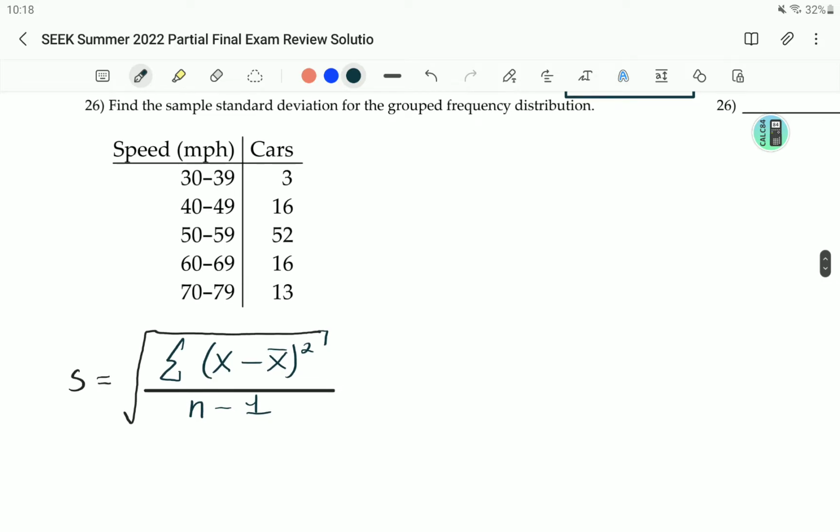The only difference between way 1 and way 2, or rather between 25 and 26, is that we need to work with midpoints. When we have a grouped frequency distribution, we need to work with midpoints.